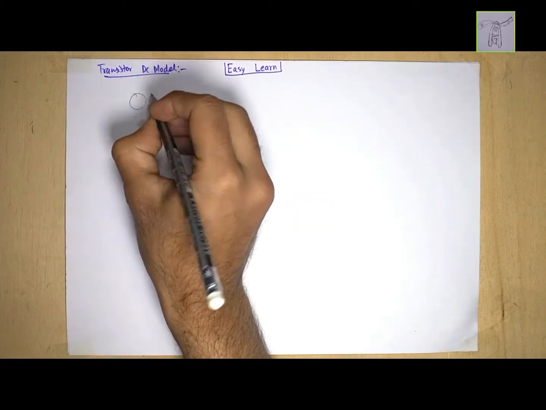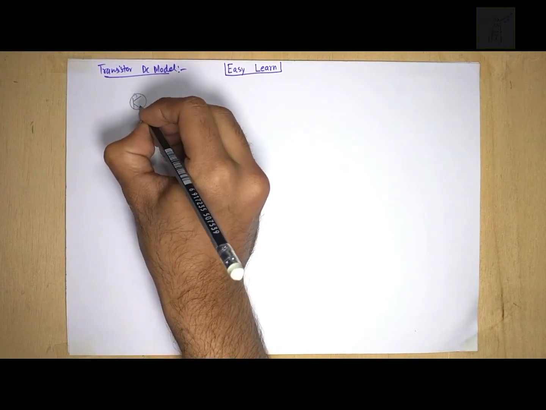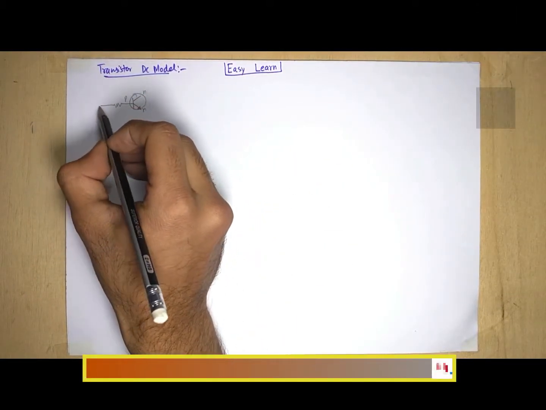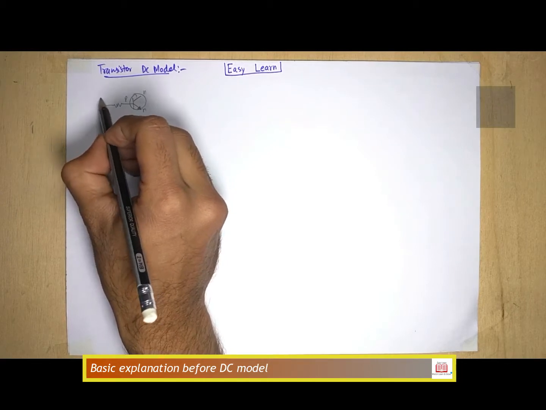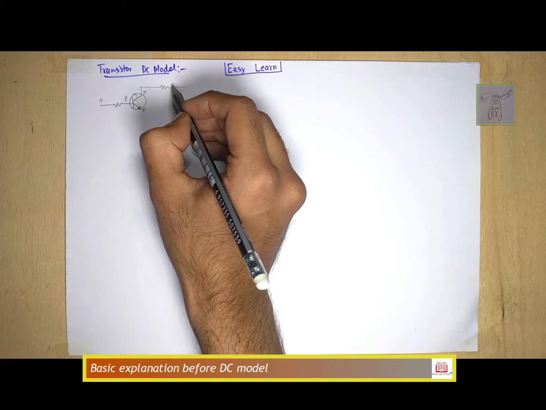For example, this is an NPN transistor, and these are the biasing connections. This is connected with the positive side, and these are the limiting resistances.